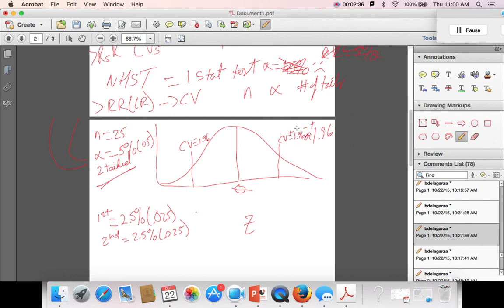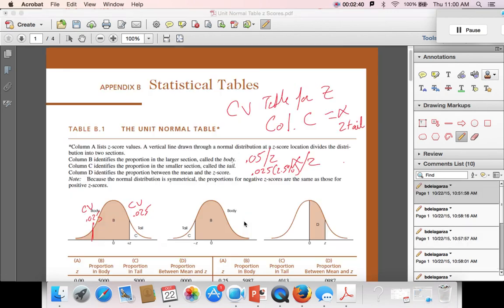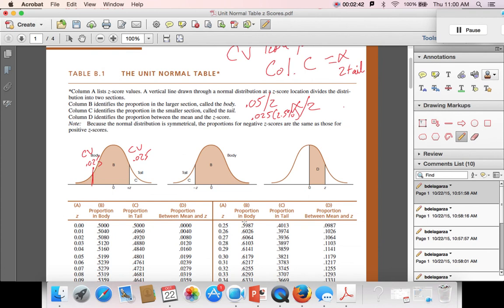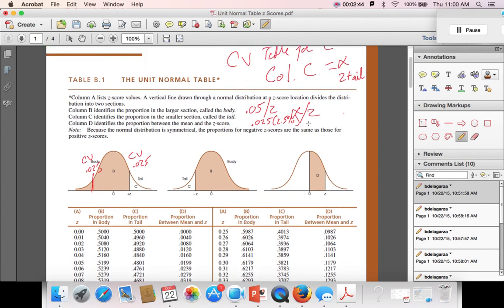All I've done to identify my critical value for this example, for Z, is look at column C, which assumes this is my alpha level for a two-tailed test, but it's already taken my selected alpha level and split it in half. It's already taken my 0.05 and divided it by 2 because I have two tails.